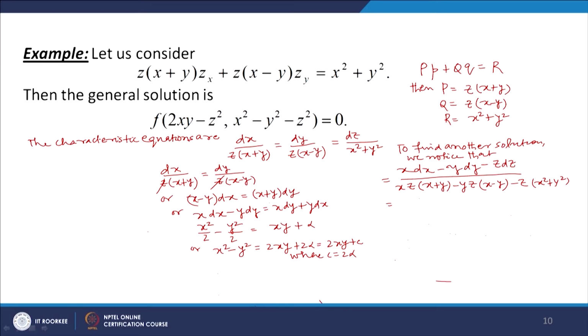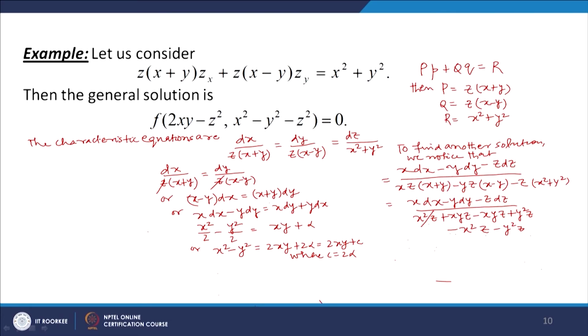So, this is equal to x dx minus y dy minus z dz divided by x square z plus xyz minus xyz plus y square z minus x square z minus y square z.